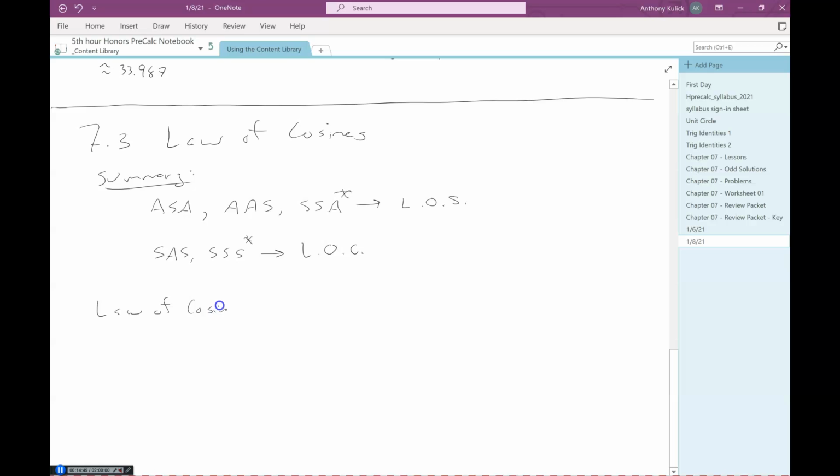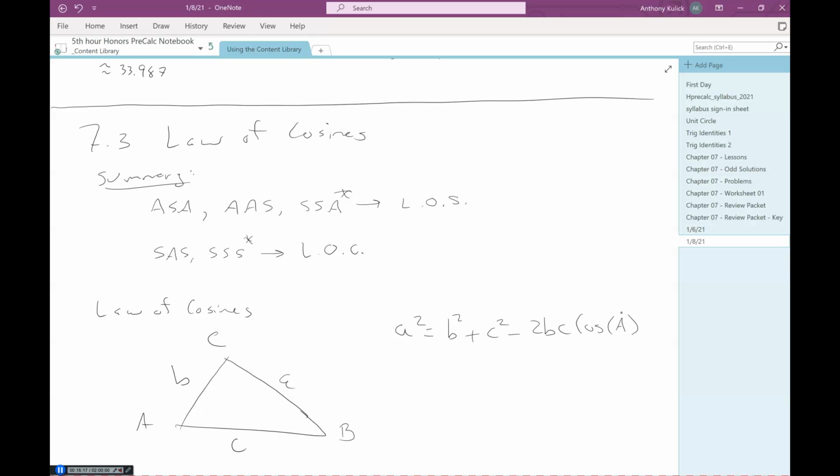So our law of cosines states as much. If we have some triangle ABC with side lengths a, b, c, we can write the law of cosines three different ways. So we can say that a squared is equal to b squared plus c squared minus 2bc times cosine a.